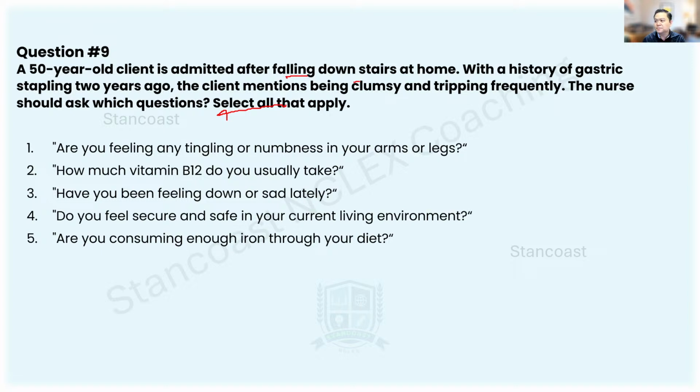So I want you to take a look into your SATA. I'll wait. 1, 2, 3, 5.